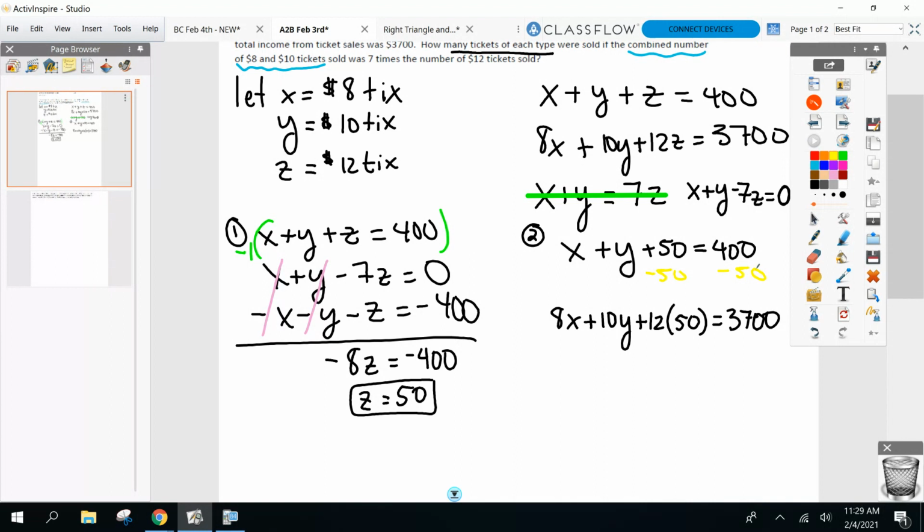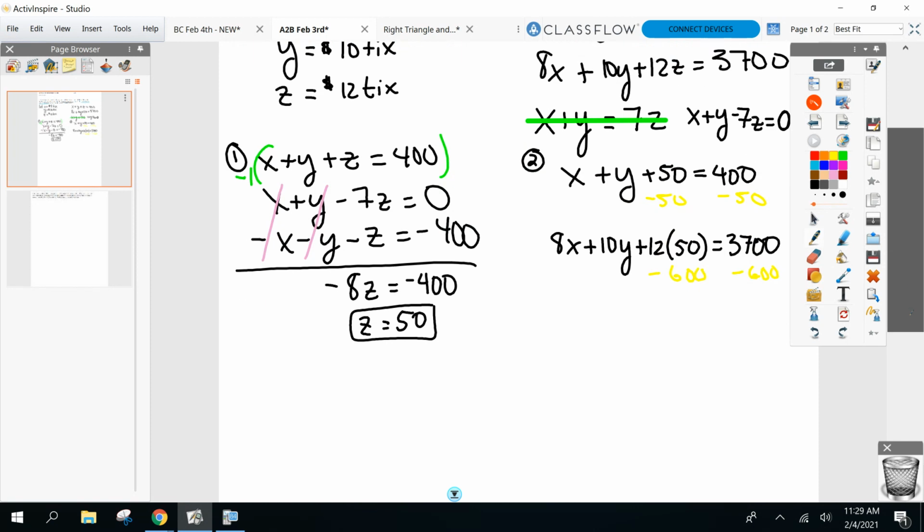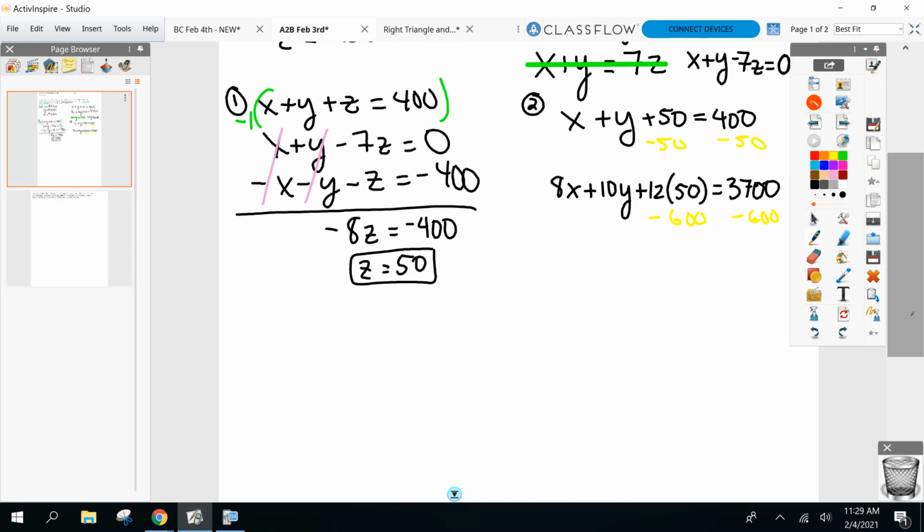So move over the 600. And then come up with your two equations now. So I got x plus y equals 350. And I got 8x plus 10y equal to 3100.